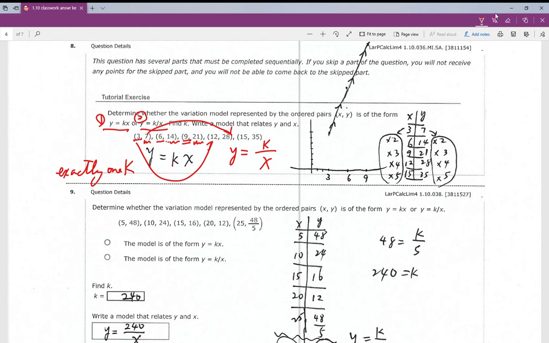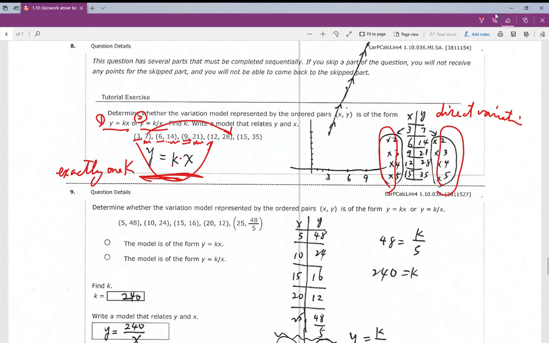So if you follow the same trend, then it means direct variation. If that's direct variation, this will be the only formula you need to choose, not this one. This is called inverse. And the direct one needs both x and y in the numerator. So that's how you choose number 8.